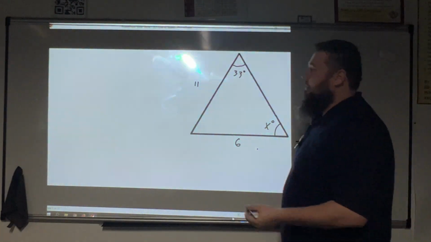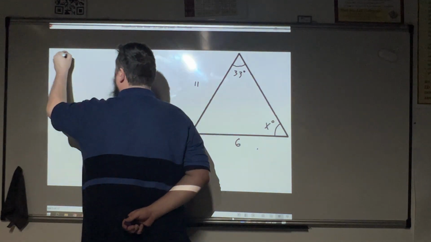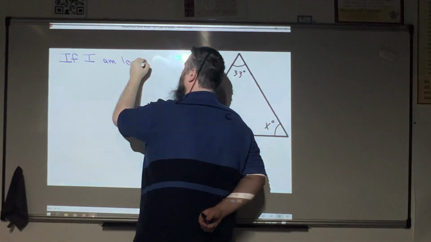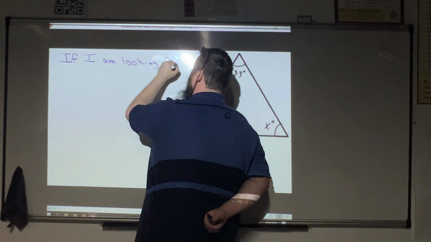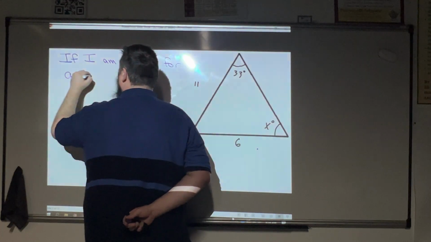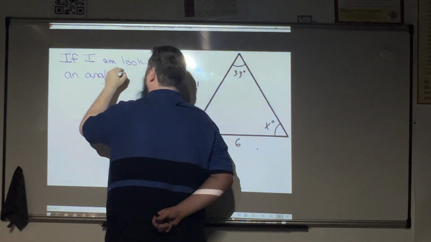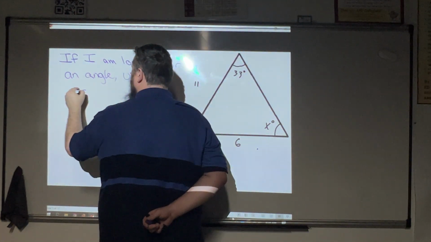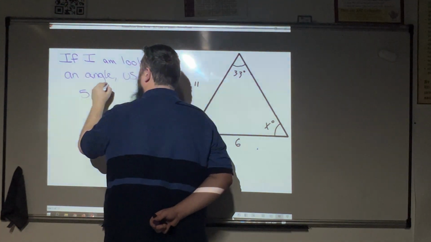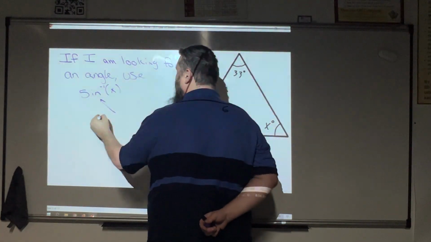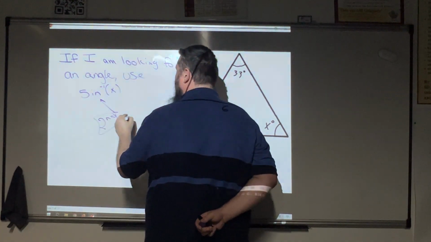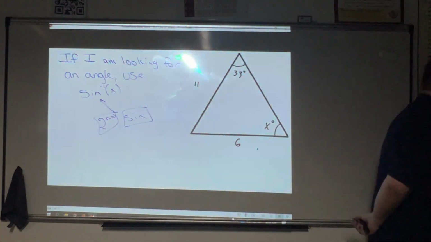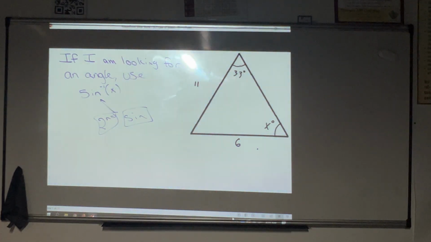If I'm looking for an angle, we're going to press second sine to find the angle. That's that inverse operator. So let's set this up and make sure we know how to do it in the calculator.